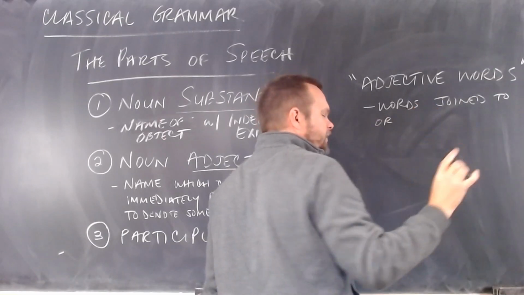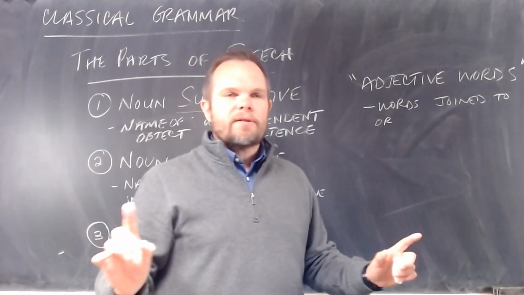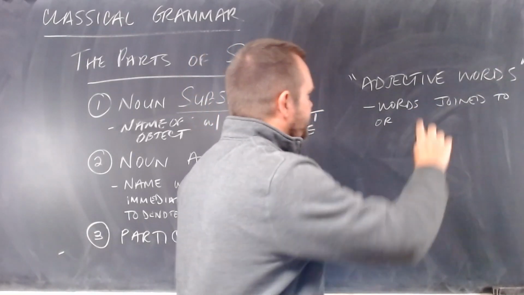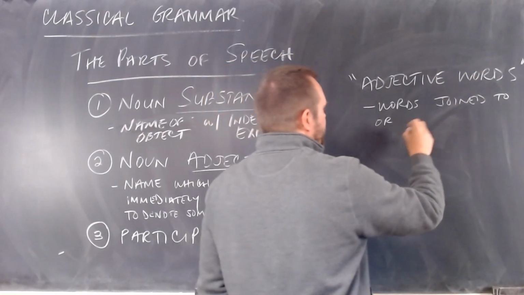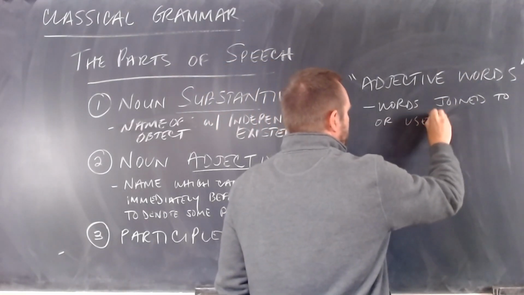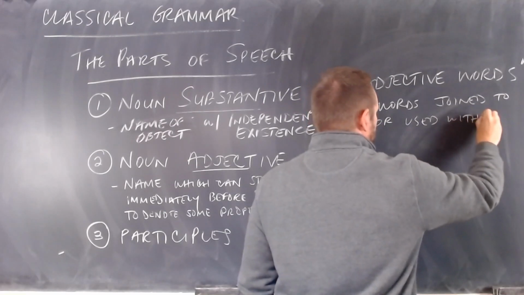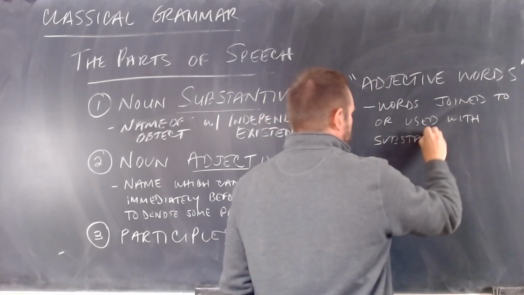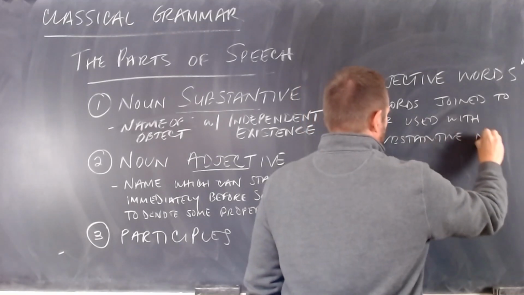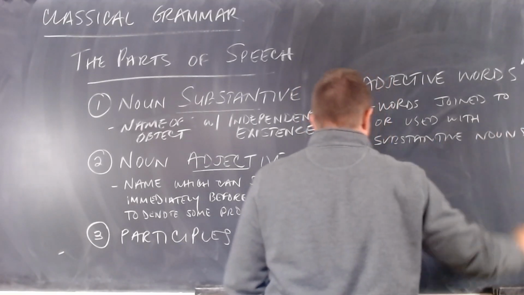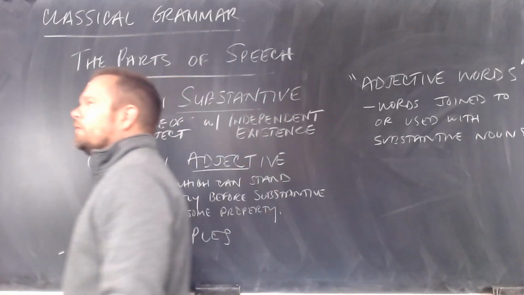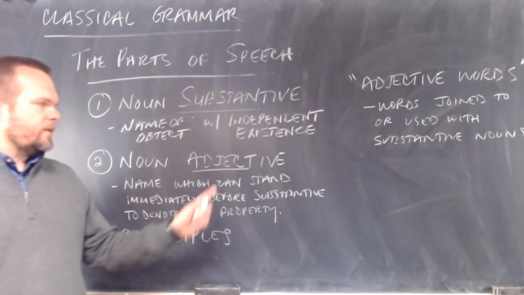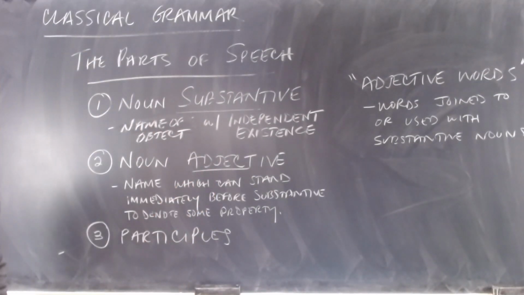And this is just a definition that I'm making up for the sake of class. Adjective words are words that are joined to or used with substantive nouns. So in that little note where it talks about adjective words, it's not talking about noun adjectives.